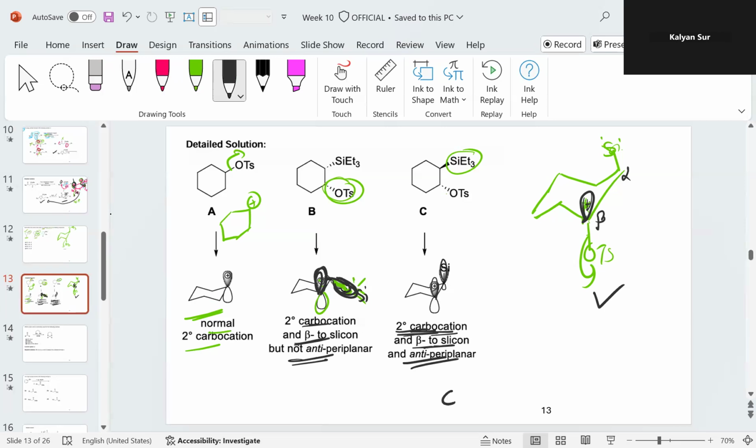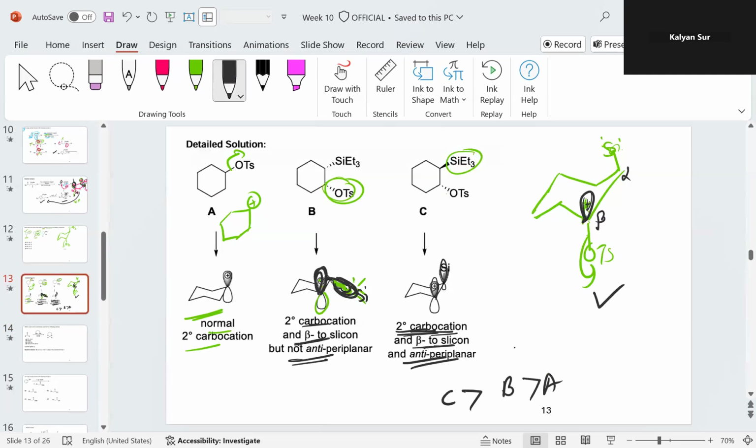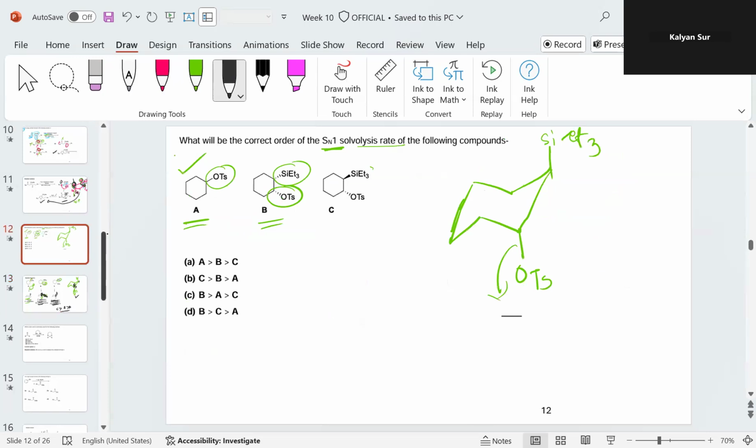Therefore the order of solvolysis will vary in this fashion: C will be the highest rate, then B, then A. So option B is the correct option here.